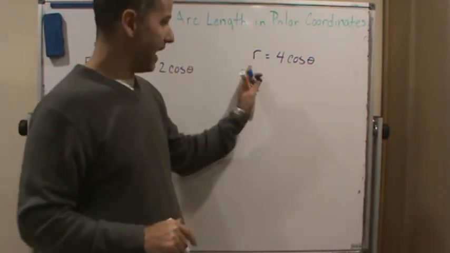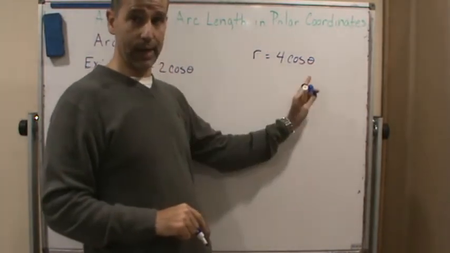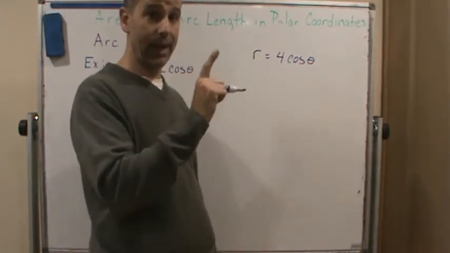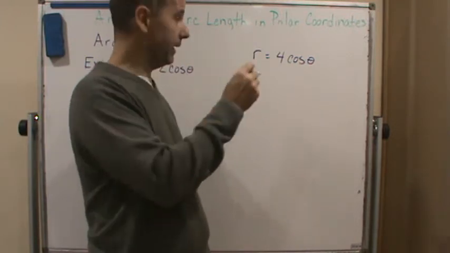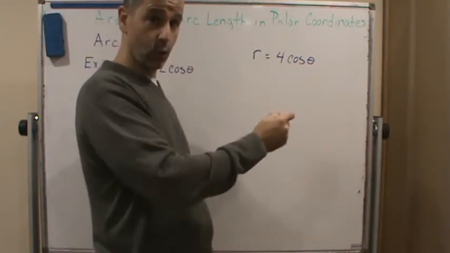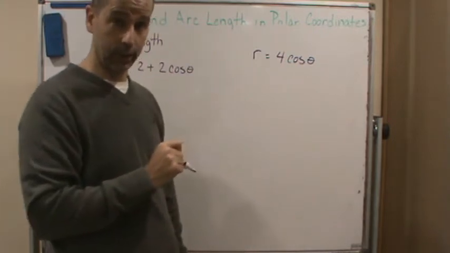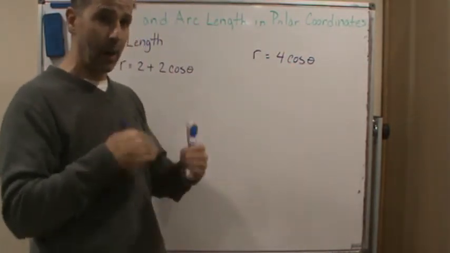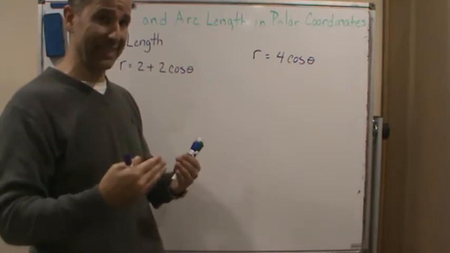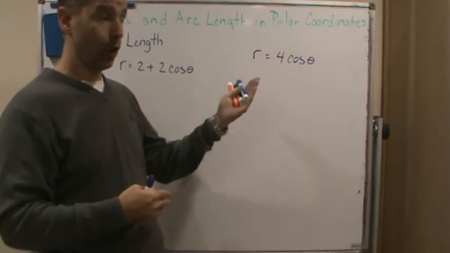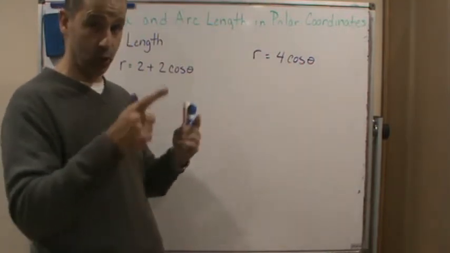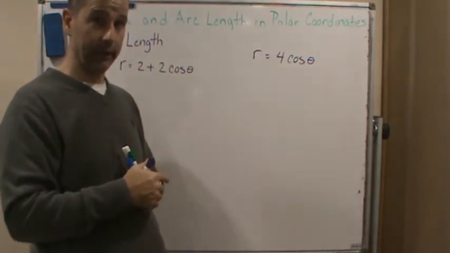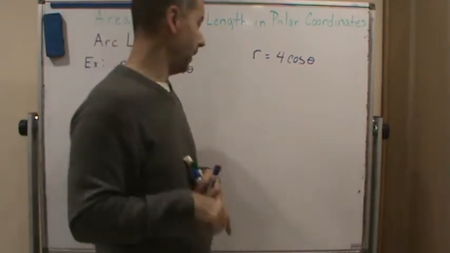So in this case, I wouldn't go from 0 to 2 pi. I would trace it from 0 to pi, because 0 to pi gives me one trace of the graph. So keep that in mind when you're working on these: how many times am I tracing this thing as I go one revolution around the unit circle?